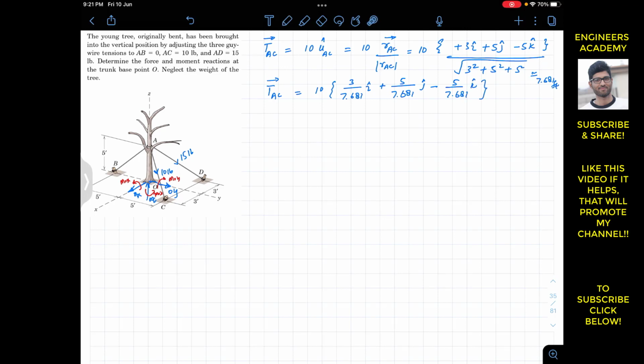Further, we can multiply this 10 inside with each component, so this becomes 30, 50, and minus 50.